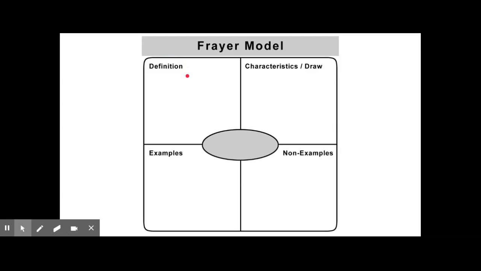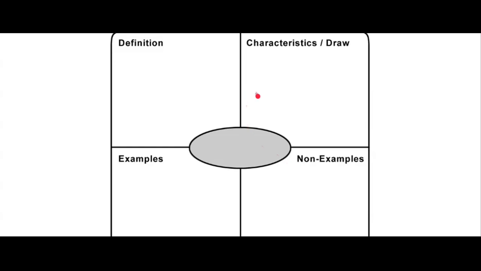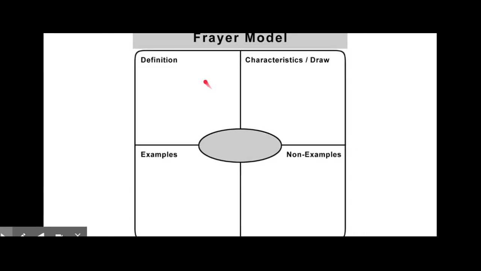A definition, a picture of what the word is, some examples, and some non-examples of the word. Because we are doing distance learning, you are going to be creating your Frayer models in Google Classroom. I'm going to show you how to get to that now.